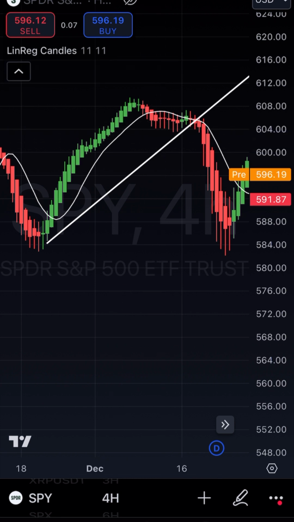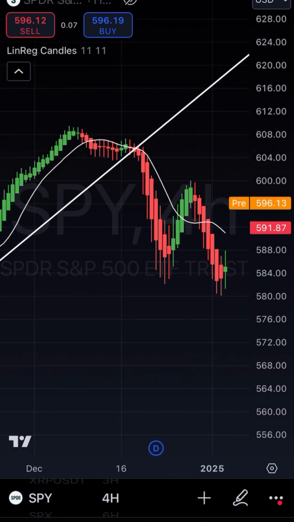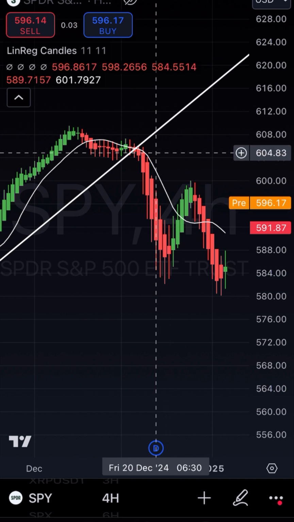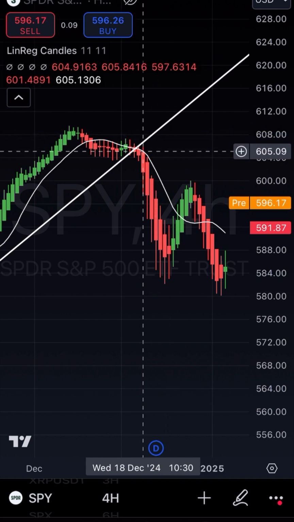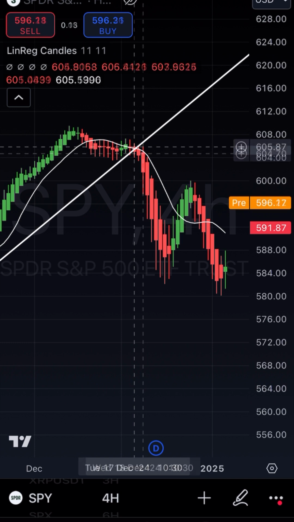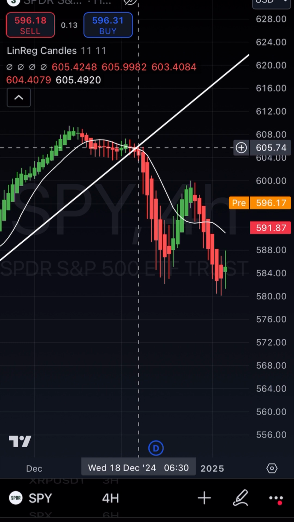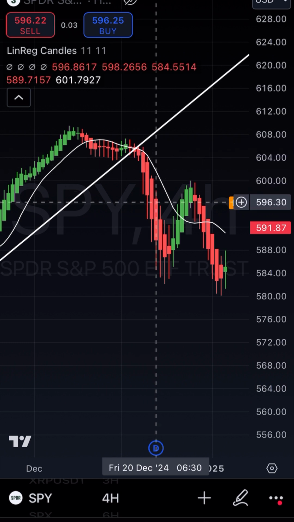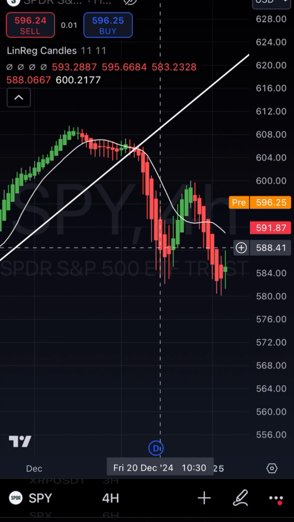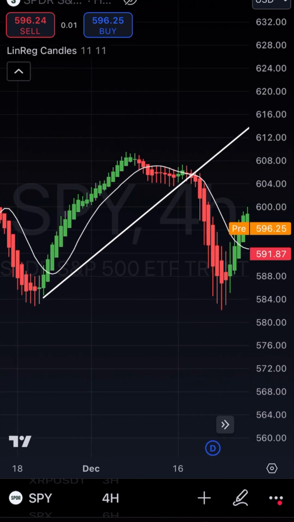And then the main thing here is when you see the candle going through that trend line, you know that it's a change of direction for the most part. You see the candle going down and breaking the trend line right here, so this would have been a good time to get in. It's basically a reversal. So that's one point here.